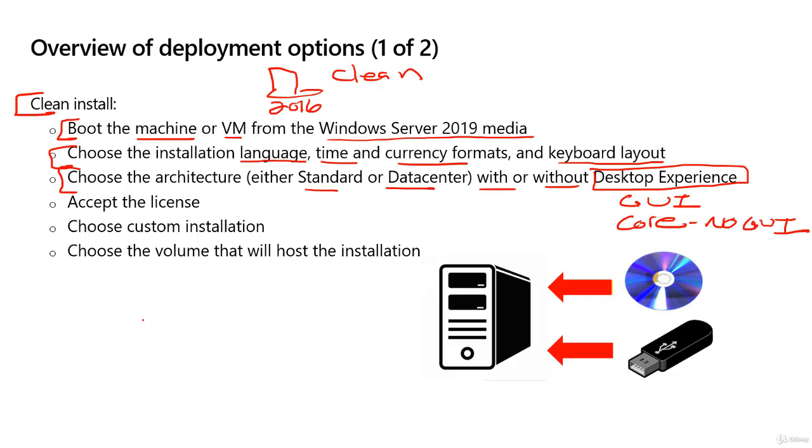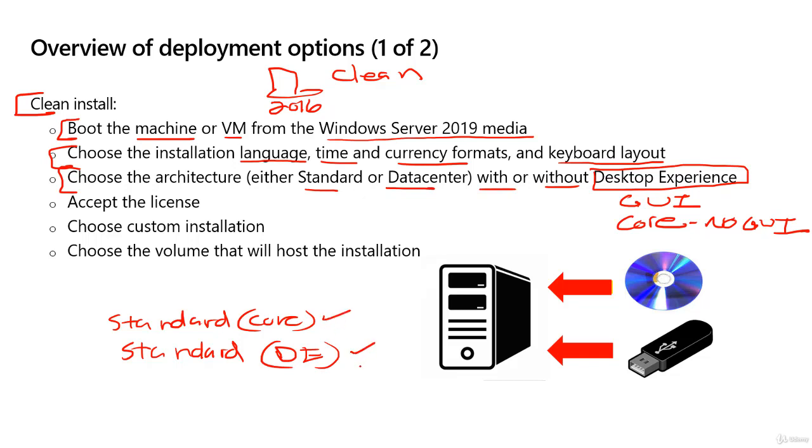So when you install, it's going to ask you if you want Standard Core, or Standard, which I'm going to say DE for desktop experience. So no GUI here, you have a GUI here.